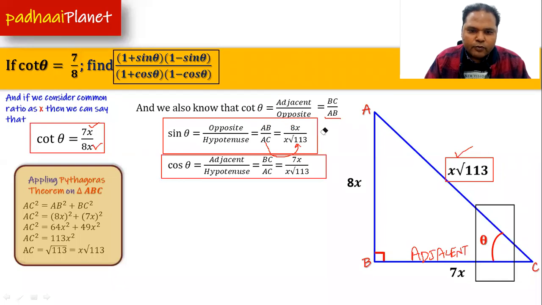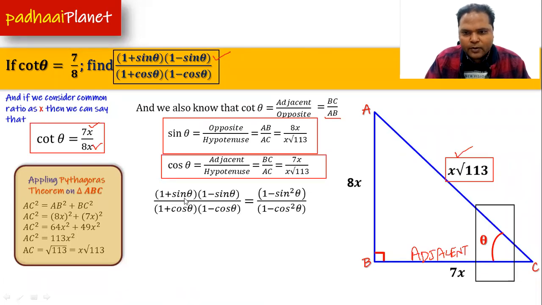Now let's move ahead and find the complete value of the expression given in our question. We have 1 plus sine theta times 1 minus sine theta over 1 plus cos theta times 1 minus cos theta. If we multiply these, we get 1 minus sine square theta over 1 minus cos square theta.